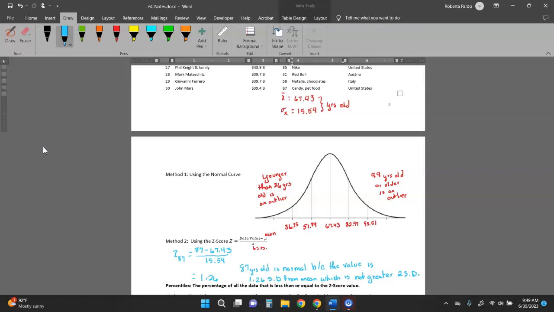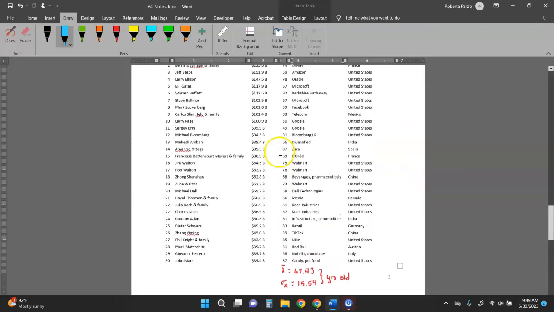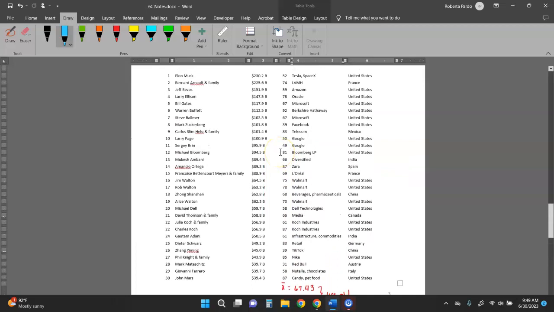All right, let's look at the billionaires. We have $230.2 billion for Elon Musk, and John Mars at 39.4. Looking at this data, here is where it breaks off.